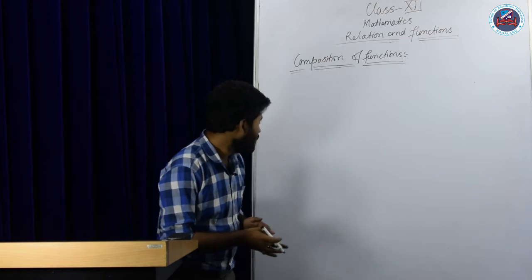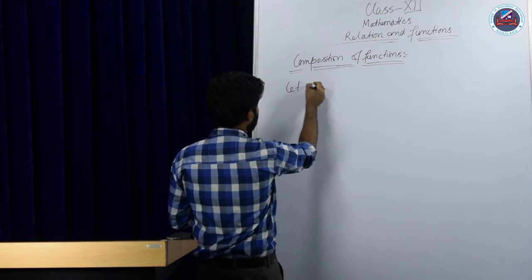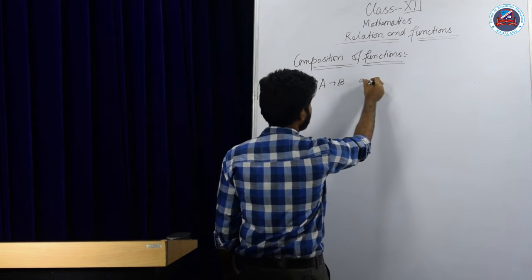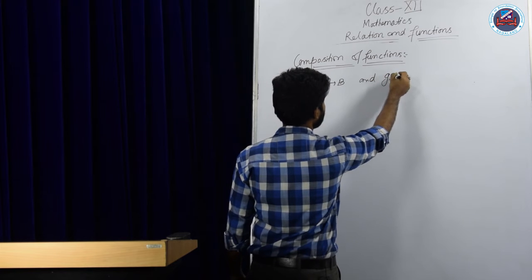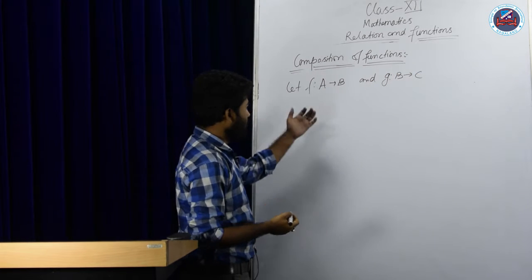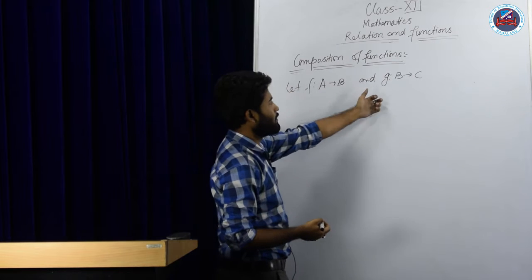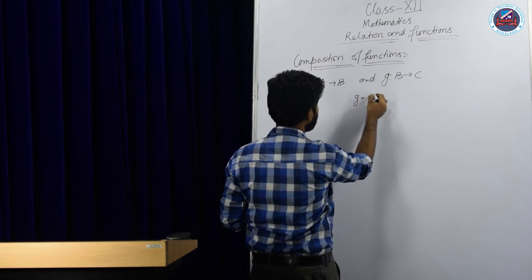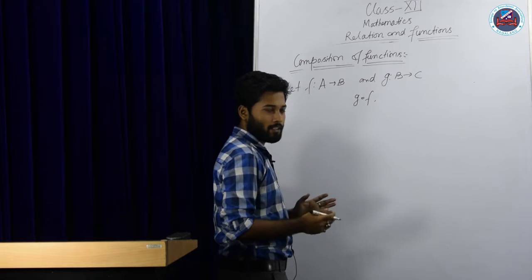So let us see. For that, let us take a function f from A to B and another function g from B to C. Then the composition of f and g will be denoted by g of f, clear?